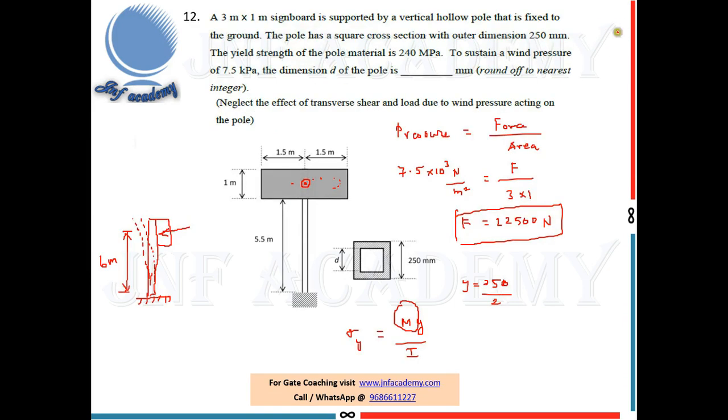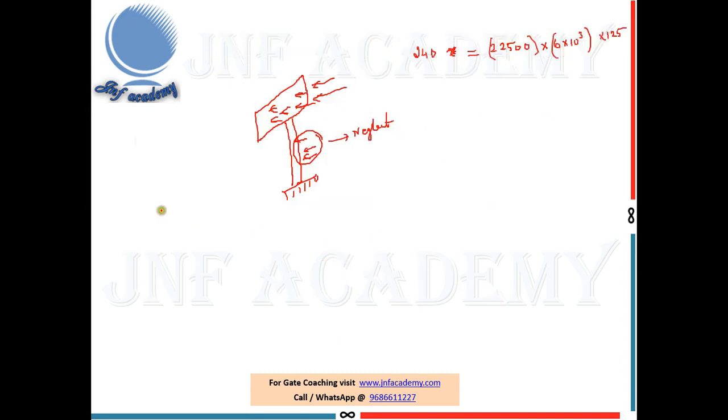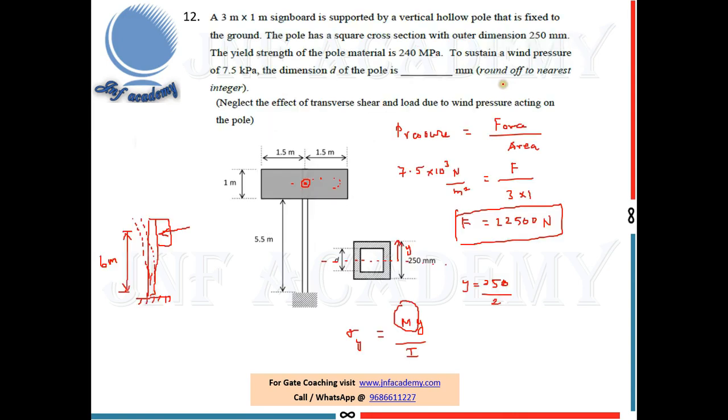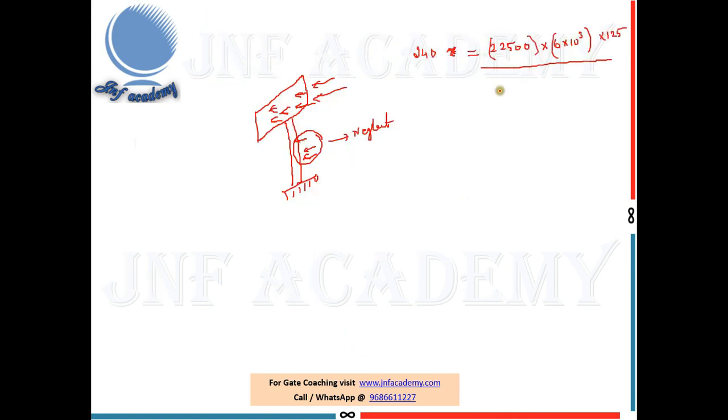This is the distance from the centroidal axis to the topmost layer. Then by I. Since it is hollow, it is a power 4 minus a power 4, where a is the side. 250 power 4 by 12 minus d power 4 by 12.